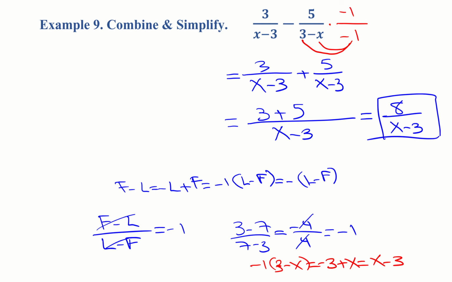And you're done. So be careful with these. You don't need to do the extreme version, which I've seen a lot. Students make the mistake of just multiplying x minus 3 by 3 minus x. x minus 3 times 3 minus x is a common multiple or a common denominator of this problem, but you can certainly see it is not the least common multiple or the least common denominator.